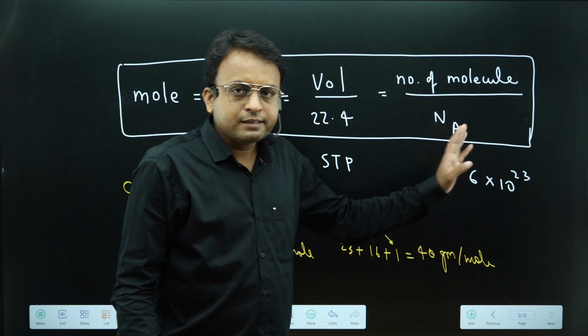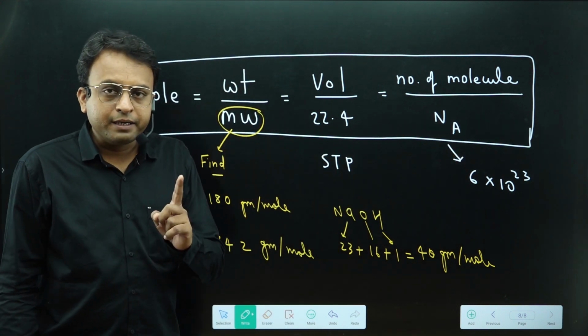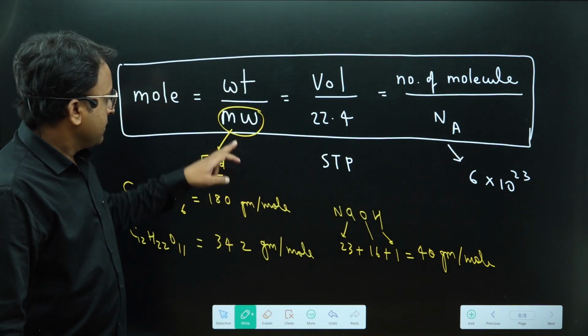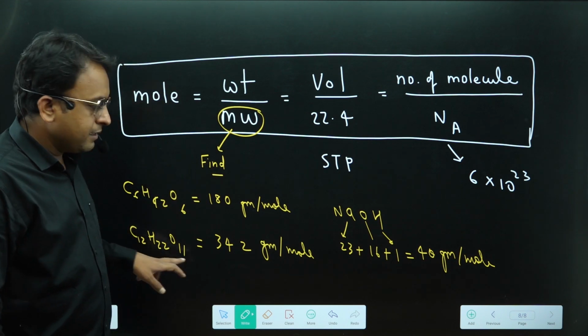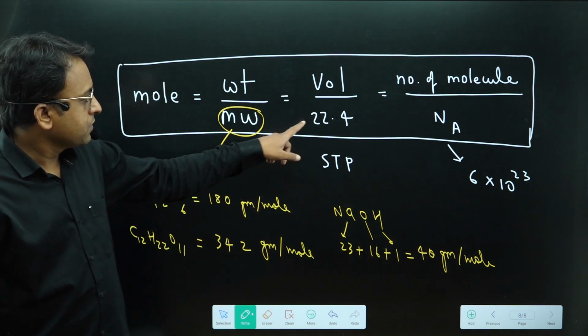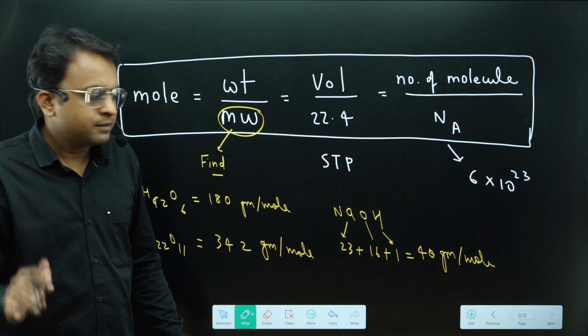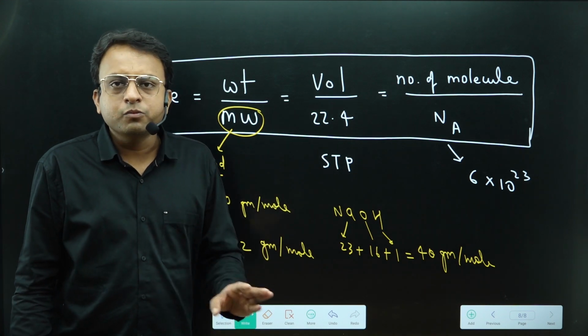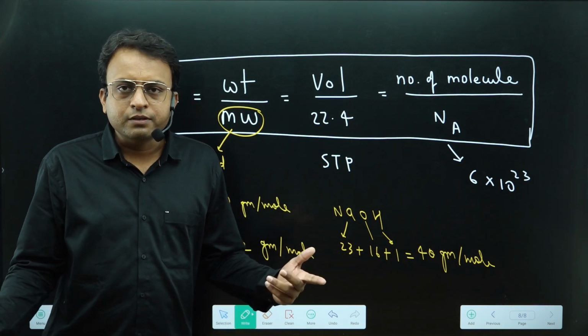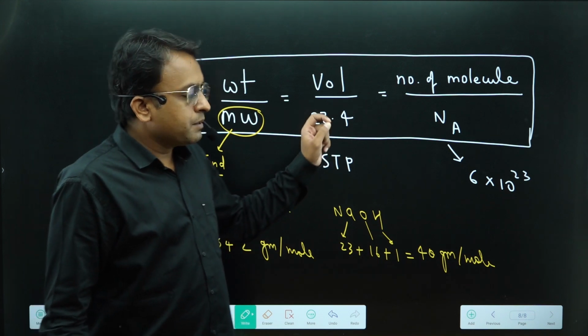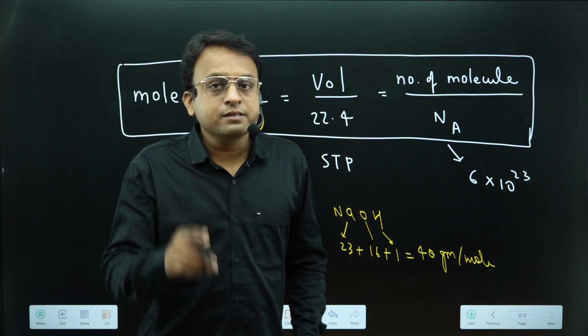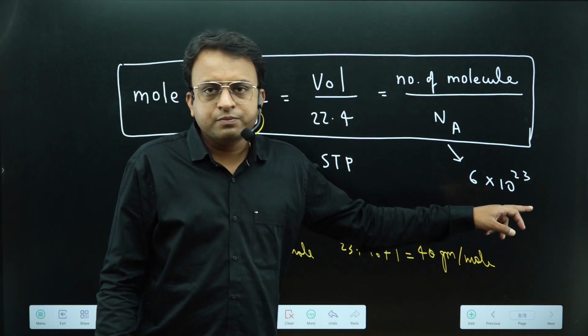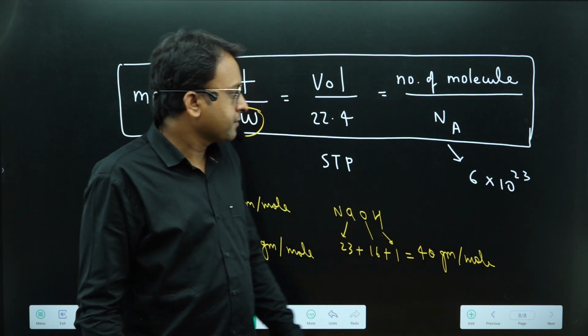In the three cases, we know the denominator. Molecular weight we can find likewise. 22.4 is fixed. At STP, the volume of 1 mole of gas is 22.4 liter. The number of molecules in 1 mole is also fixed, that is 6 into 10 to the power 23.